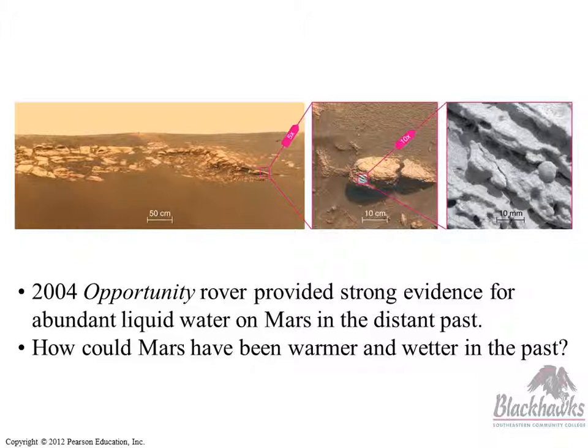So Opportunity sent these pictures back, a close-up of a little nodule-looking thing there on the right. If you understand things about rocks, that is actually an indication of flowing water, or liquid water, I should say. It looks very similar to Earth. Kind of creepy.